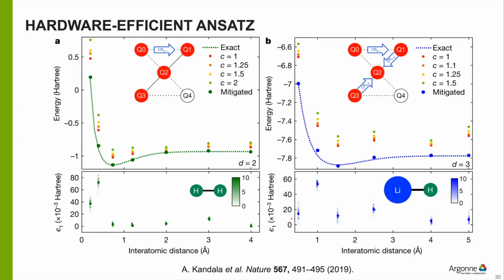And a couple of years later, they did a slightly larger molecule, lithium hydride, and again, the errors are on the order of tens of millihartree. So there's still a good way to go, but these are proof of principle simulations, really, and with improving hardware, these errors are going to go down.